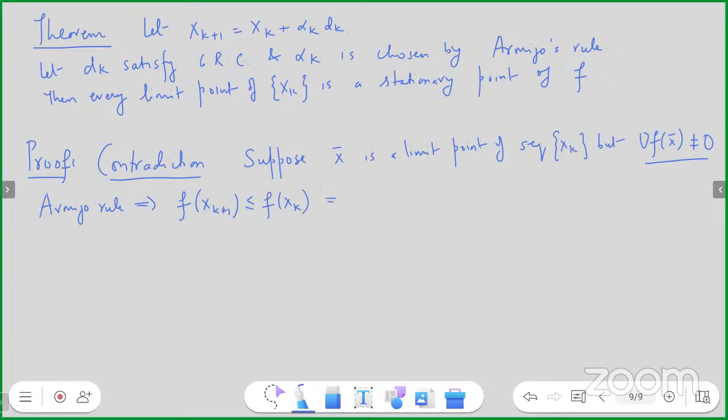Therefore, either the sequence f(x_k) converges to a finite value or diverges to minus infinity.